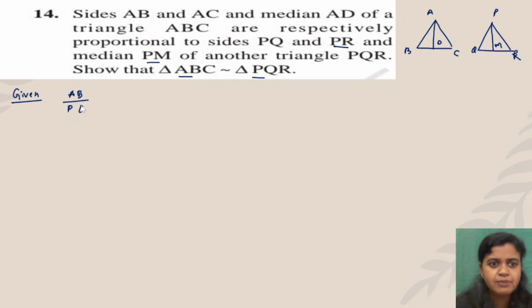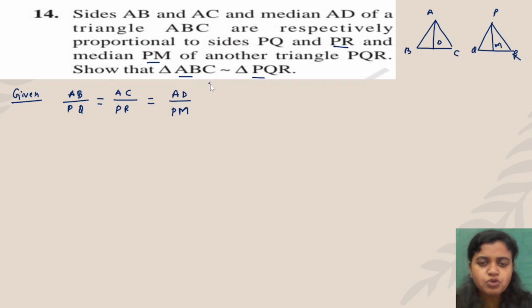So we'll write AB by PQ equals AC by PR, equals median AD by median PM, proportional. So AD by PM.